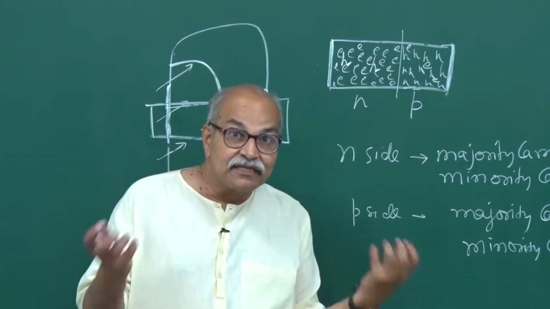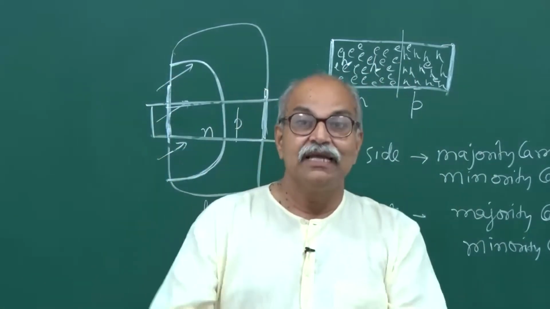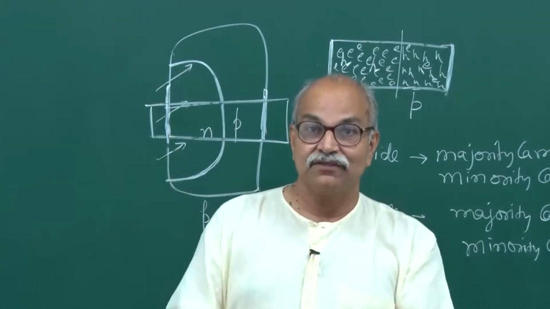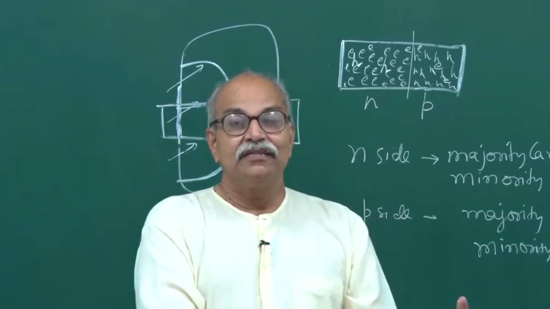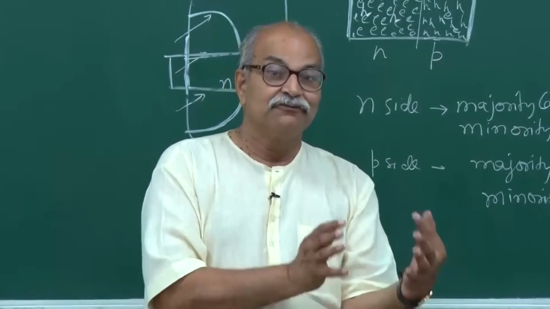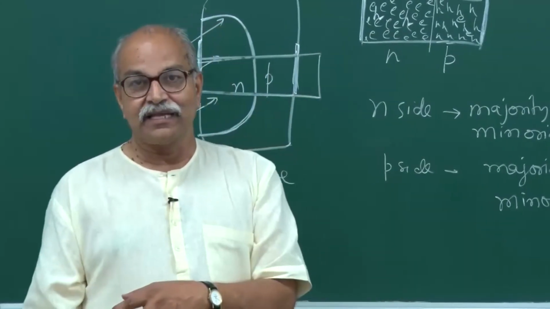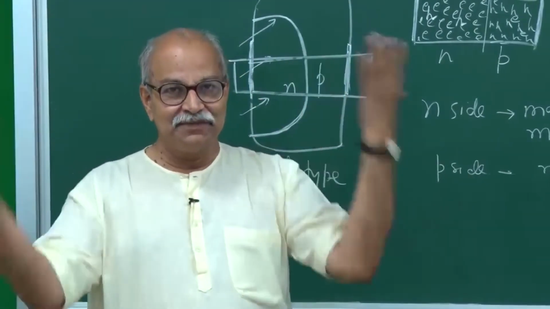So, if you have a concentration gradient, with a large concentration of electrons here and a very small concentration of electrons here, naturally there will be a systematic flow of electrons from the higher concentration side to the lower concentration side. It is a law of nature.